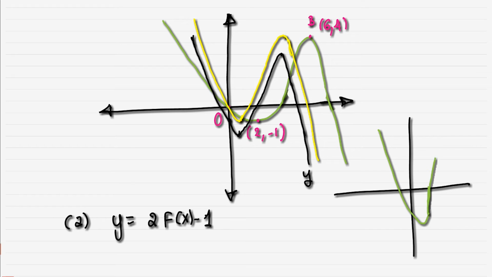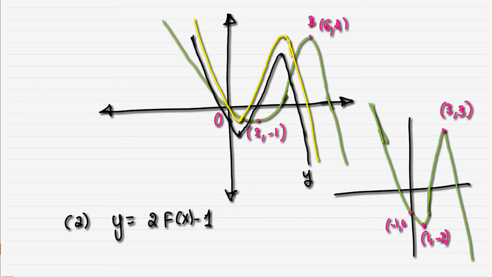It's the same shape, it's just a bit steeper, and point A became actually (3, 3), and my point B became (1, -2), and my origin point became, instead of (0, -1)... sorry, let me just fix that: (0, -1).